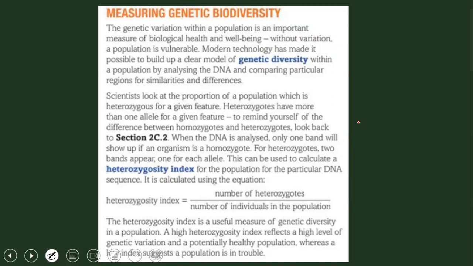When we talk about a population, what is a population? A population is a group of individuals of the same species occupying a particular habitat or a particular niche within that habitat. Now, what is a habitat?